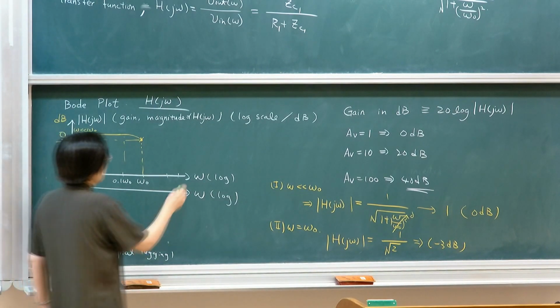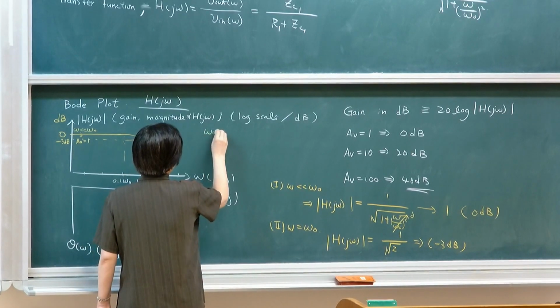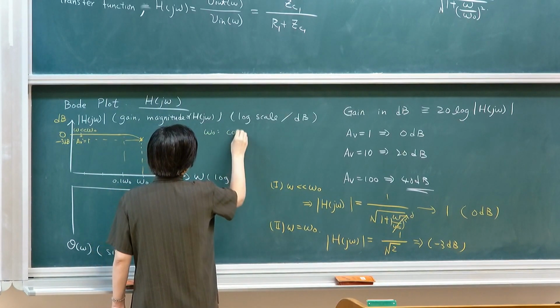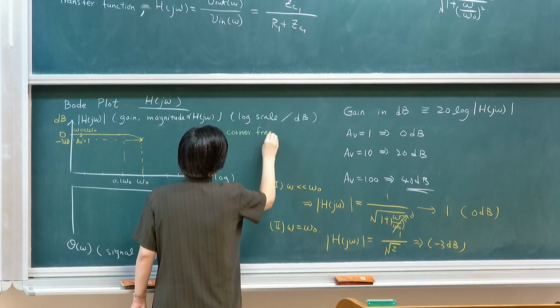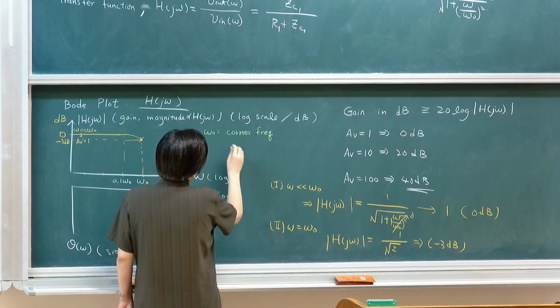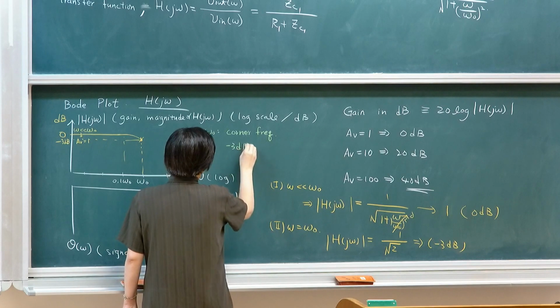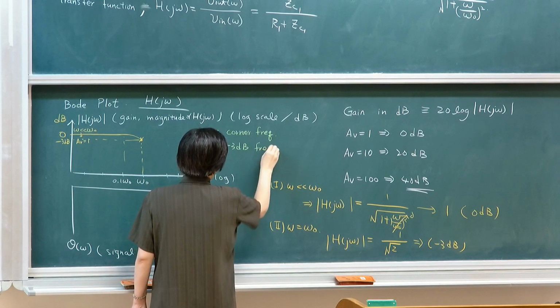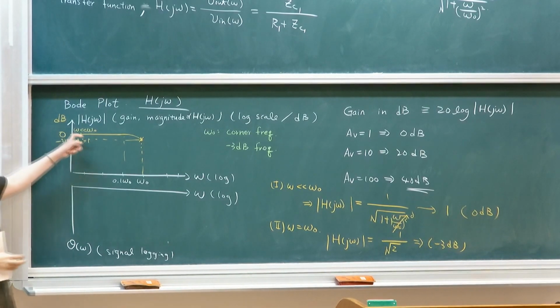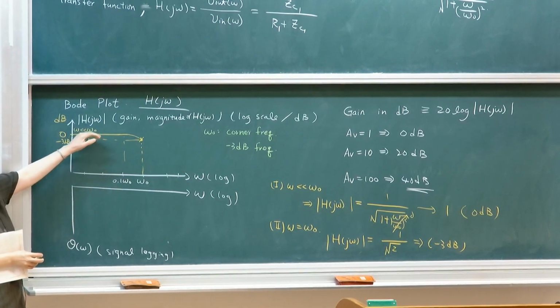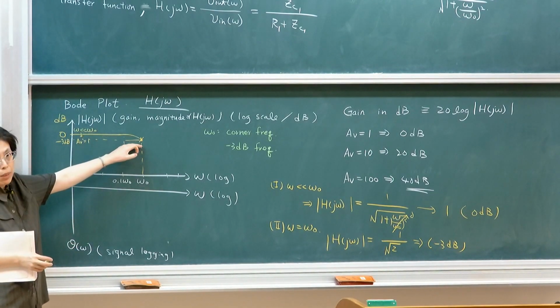So we typically refer to omega 0, in this case, as the corner frequency because it starts to turn, we'll see why, or the minus 3 dB frequency, because whatever the level is close to DC, the gain degrades by 3 dB.